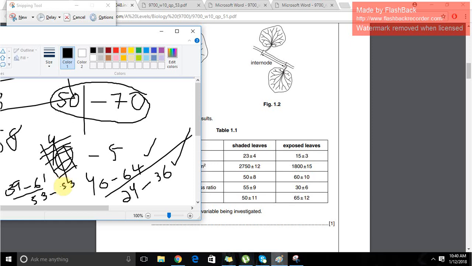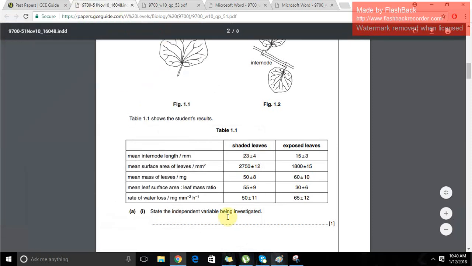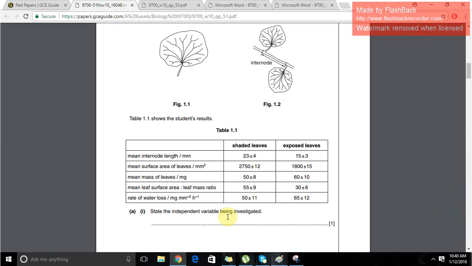Now 65 plus 12, 77. So there is definite overlap, at least from the 53 value to the 64 value. So it's not all that significant, but the values do have some significance.